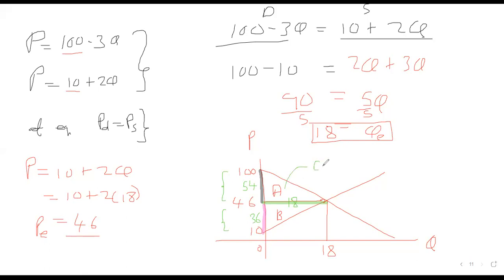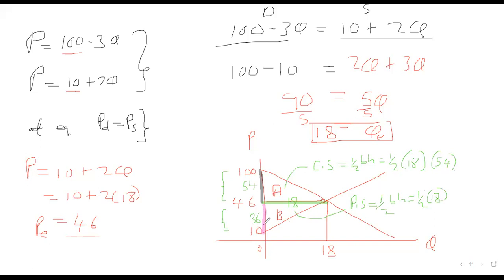So what is the formula for the consumer surplus? Half BH. Yes, right. So our base is what? 18. And our height from here to here? 54. All right. This is called the producer surplus, which is given by half BH. So this is still the same 18.